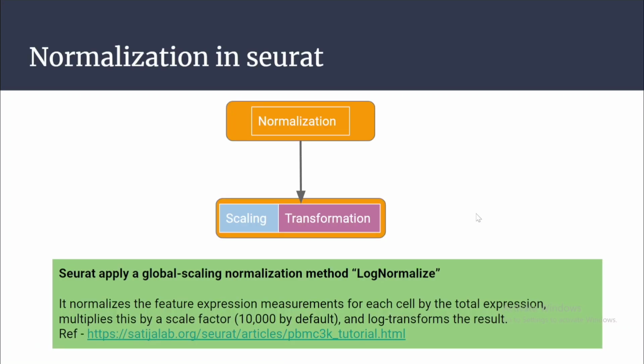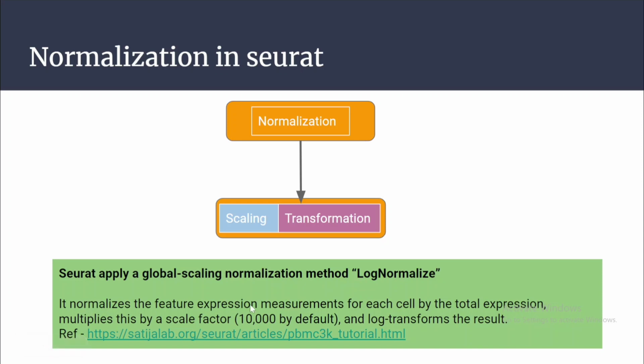The normalization process in Seurat is an important process in the workflow of the single cell and spatial transcriptomics pipeline. For simplicity, I am dividing normalization into two steps, scaling and transformation. Seurat basically applies a global scaling normalization method that we call LogNormalize.